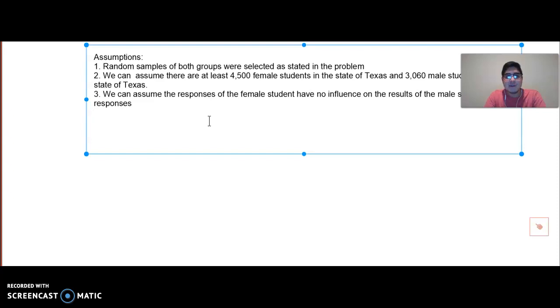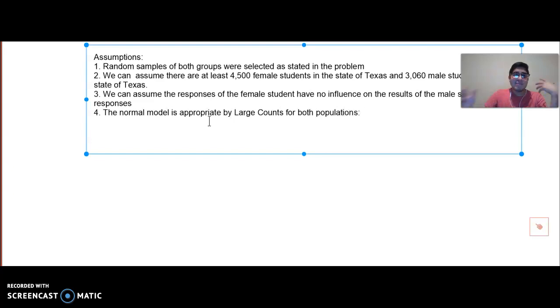And then the last one that we have to check is the normal model. And as you can see by our frequency table, none of those observations are less than 10. So we can say the normal model is appropriate by large counts for both populations.